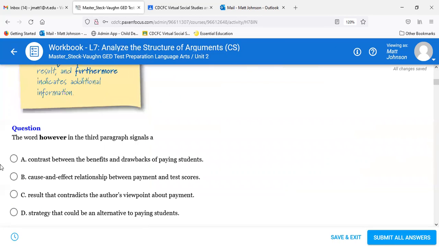So let's see, Etta, you want to read number 1 for us? Okay, it says the word however in the third paragraph signals A, a contrast between the benefits and drawbacks of paying students, B, a cause and effect relationship between payment and test scores, C, a result that contradicts the author's viewpoint about payment, or D, a strategy that could be an alternative to paying students?